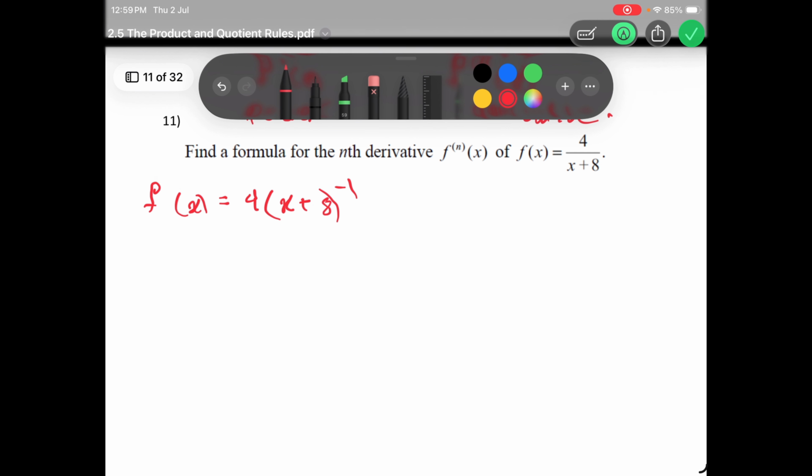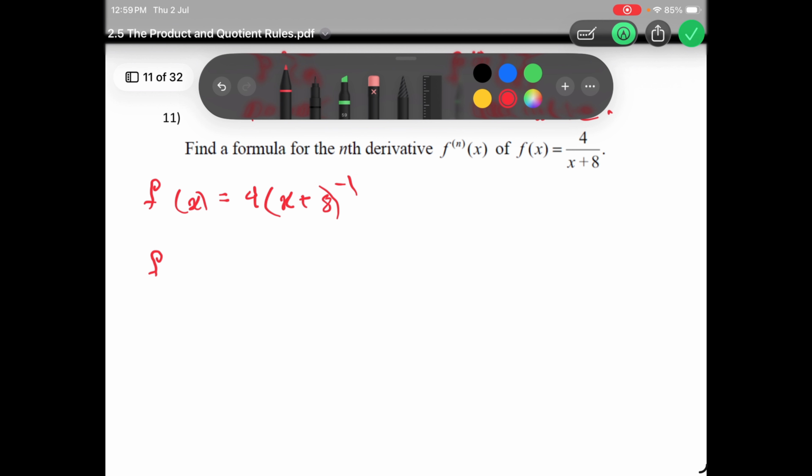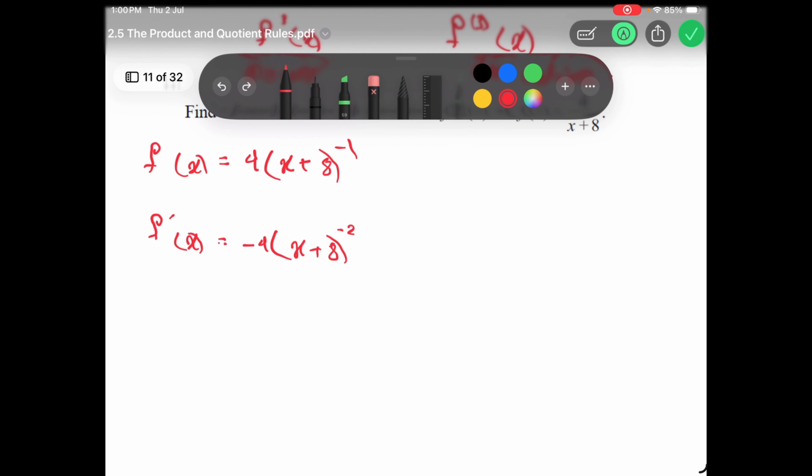So what is f prime here? So f prime of x equals -4 times x plus 8 to the power -2 times 1. We don't have to write this one, ignore it. So this is f prime.